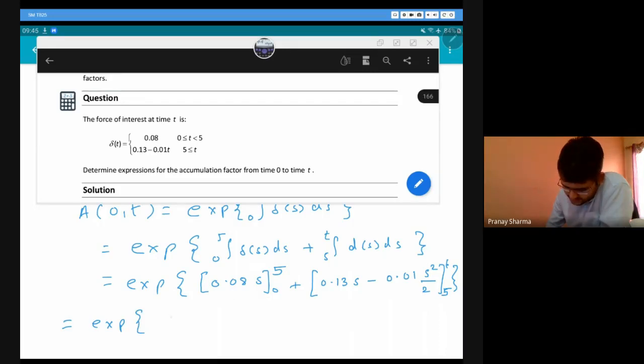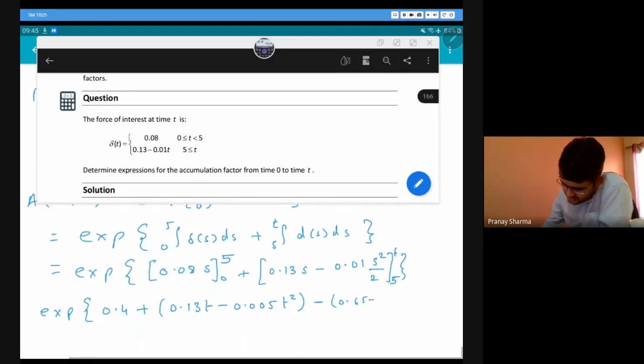So this would be nothing but 0.4, and here we'll have 0.13t minus 0.005 t square minus that 0.13 into 5. So that would be 6.5, I think. Yes. 6.5 minus, we'll have, I think, 0.25, 0.0125.